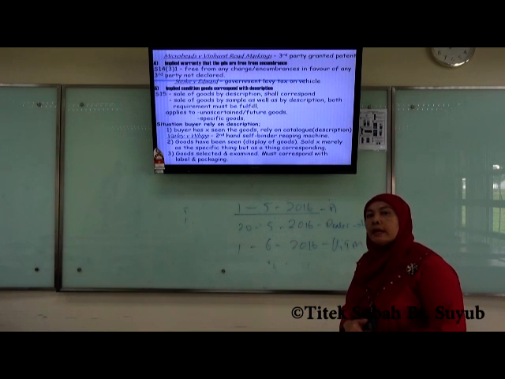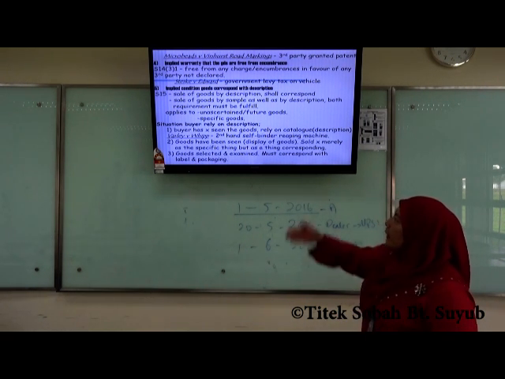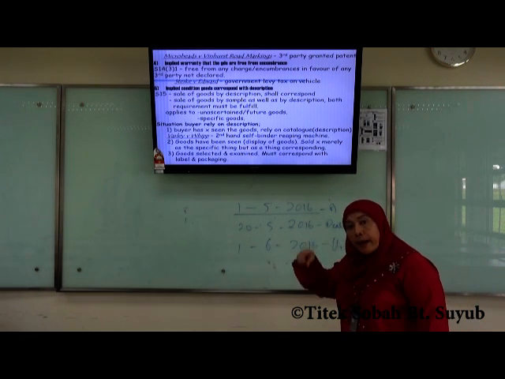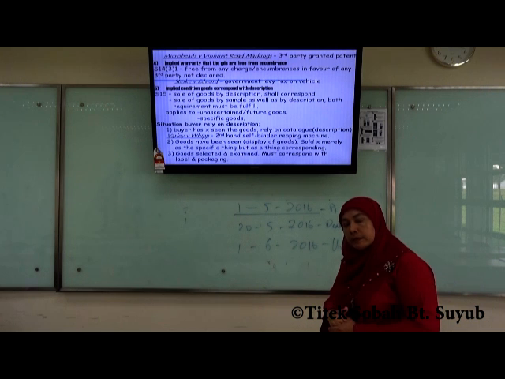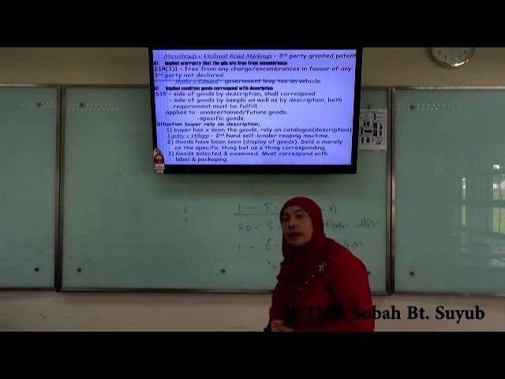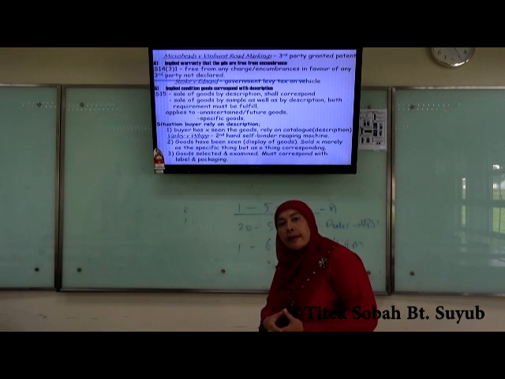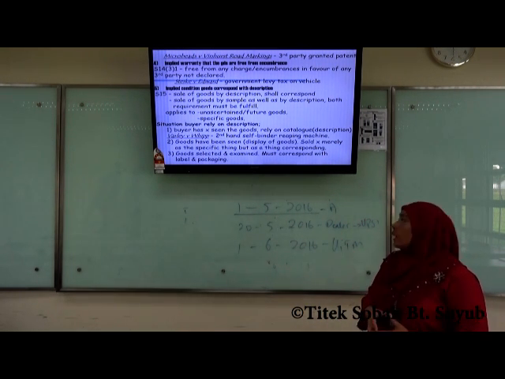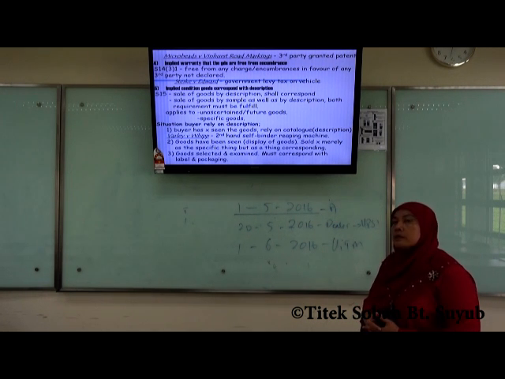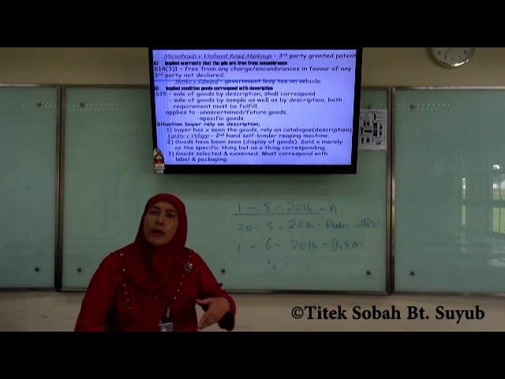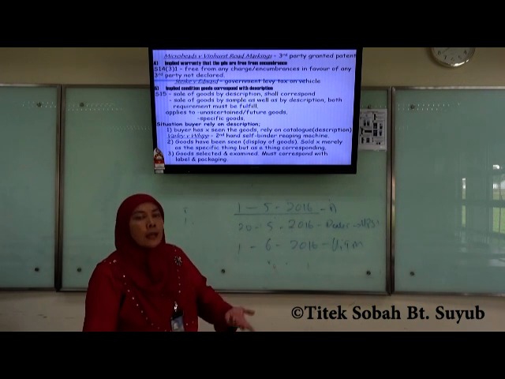So when can you say that the buyer bought goods through description? Any of these three situations can be considered as the buyer buying goods through description. Number one, if the buyer does not see the goods yet, the buyer only relies on a catalog. That's what happened in one user's case. He bought a second-hand self-binder machine. This self-binder machine is used for harvesting, untuk menuai lah.